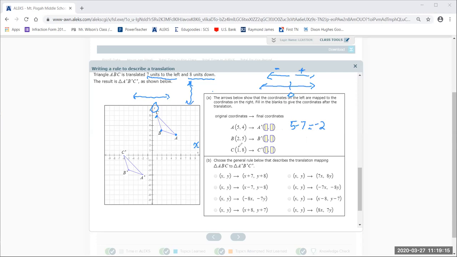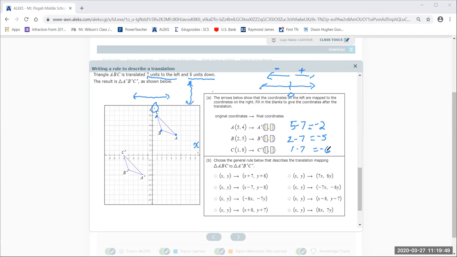Let's deal with all these X's first. With the 2, I'm also going to subtract 7. What is 2 minus 7? -5. And then we have 1, and we subtract 7. What is 1 minus 7? -6. So far, we know the new X values.